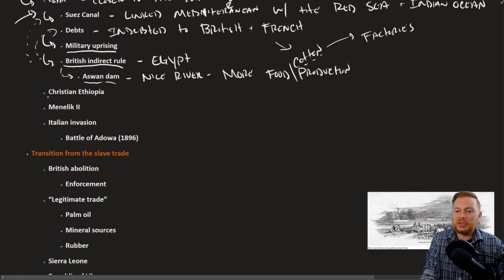Ethiopia is a little bit different in that, religiously speaking, unlike most of Africa, a Christian kingdom existed in Ethiopia for a very long time.